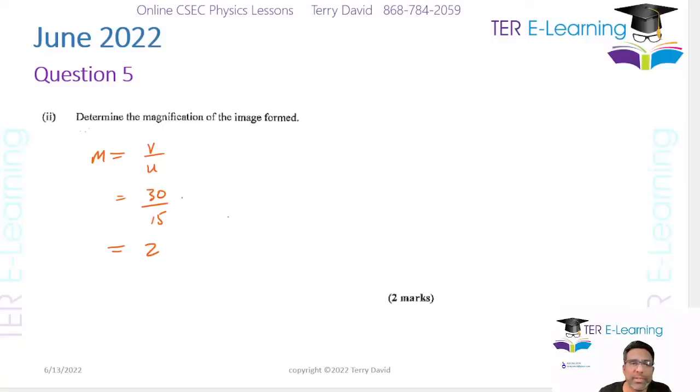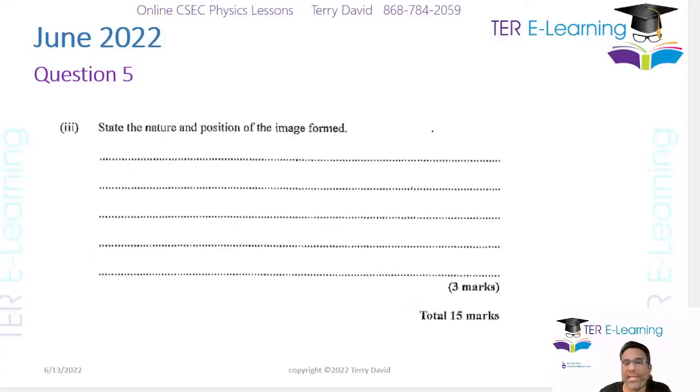All right, what else do they want now? State the nature and the position of the image formed. We got V as being 30 cm. Now, in terms of a lens, this is what's happening here.